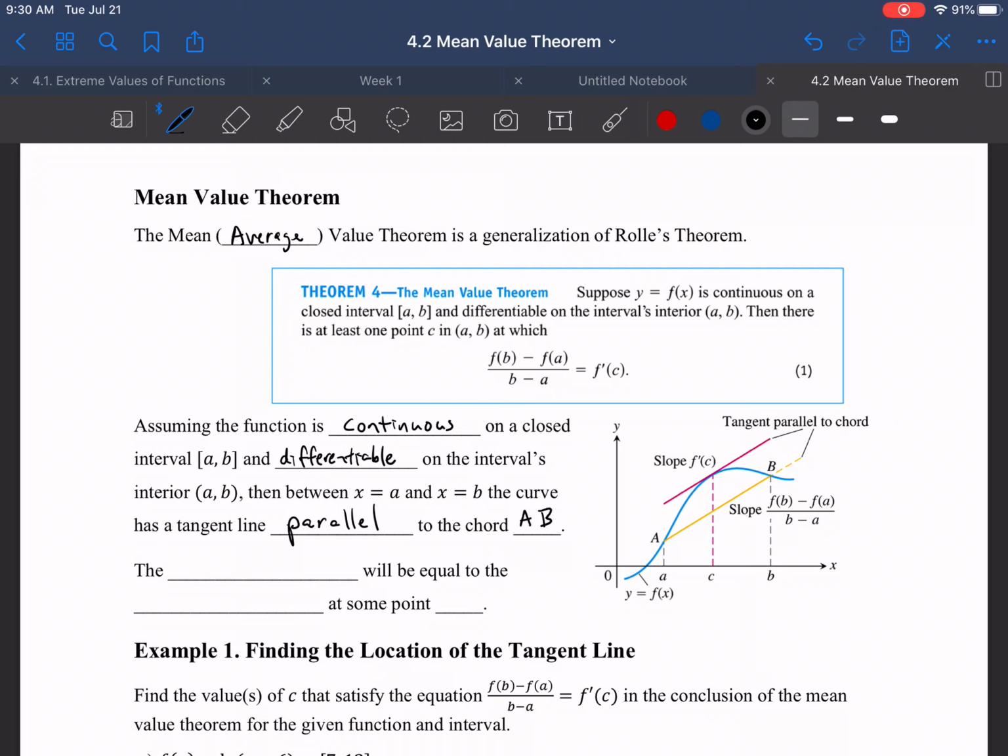This chord is right here, connecting them straight. And this parallel line is this one right there. Okay? All right, so the secant slope will be equal to the tangent slope.